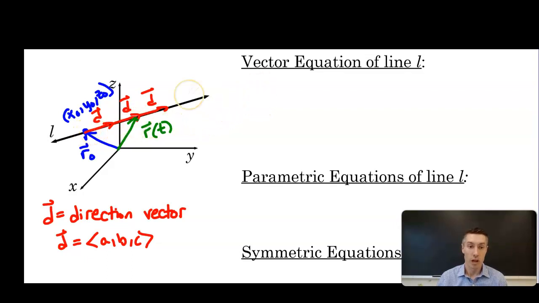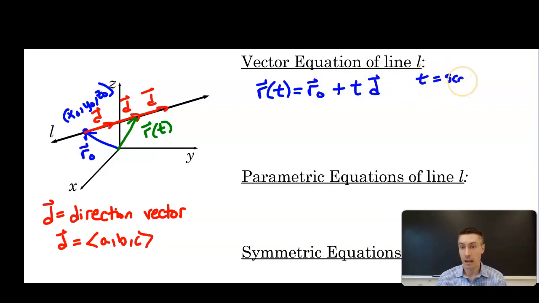Okay, so generalizing this idea, we can say that the vector equation of a line would be r of t equals r naught, that first point we knew on the line, plus some scalar of our direction vector. So we'll use t as our scalar and d as the direction vector. So t equals a scalar.